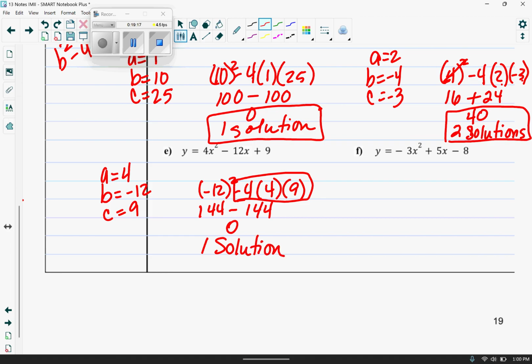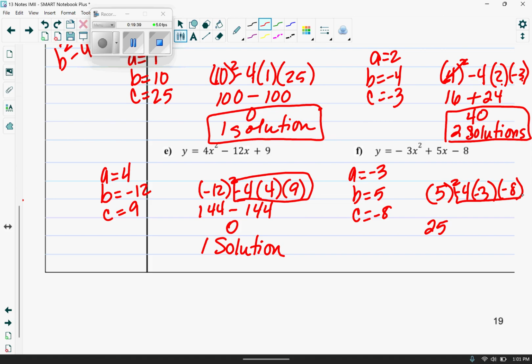And the last one I have is a is negative 3, b is 5, and c is negative 8. b squared, so 5 squared minus 4 times a times c. So this gives me 25.